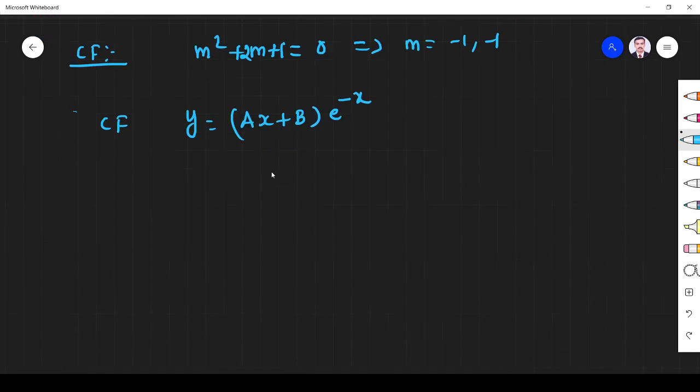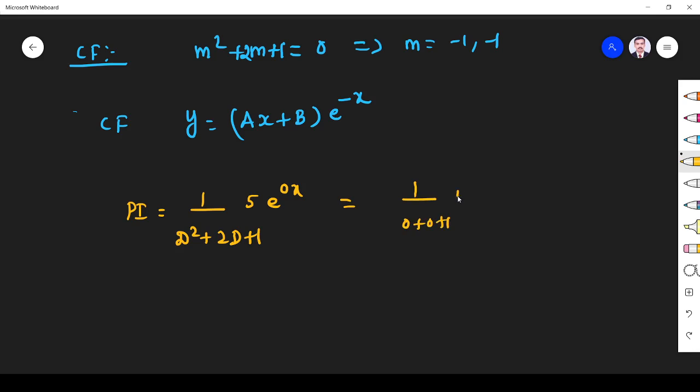Next, we have to find the particular integral. The particular integral is equal to 1 by φ(D), where φ(D) is D squared plus 2D plus 1, into 5 e power 0x. Next, replace D by a. So 1 by 0 plus 0 plus 1, into 5, is equal to 5.